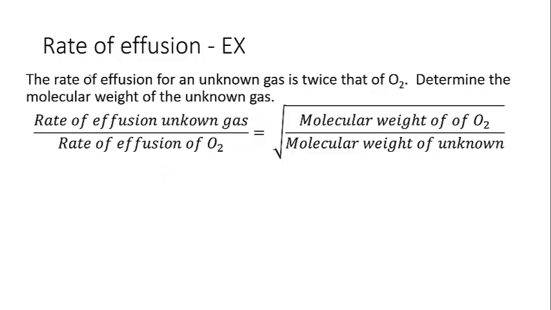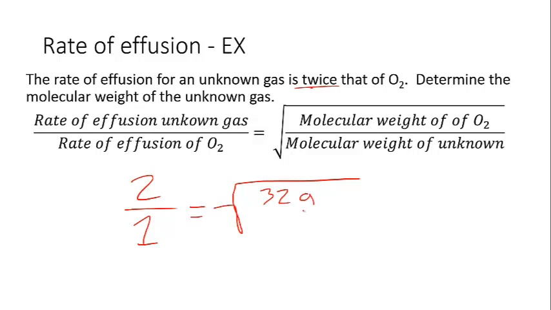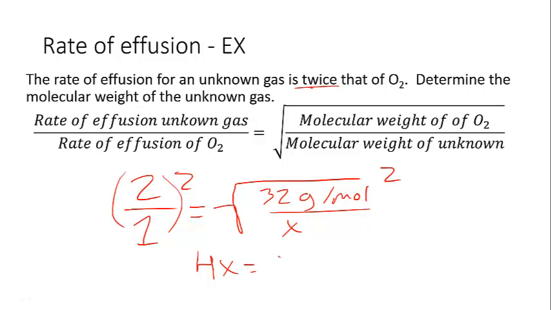In the problem statement, it says the rate of effusion for the unknown gas is twice that of O2. So 2 to 1, because the rate of effusion for our unknown gas is twice that of O2, is equal to the square root of the molecular weight of O2, which from the periodic table we see is 32 grams per mole, divided by X. Square both sides of this expression, bring X over to this side of the equation, and we see 4X is equal to 32 grams per mole.